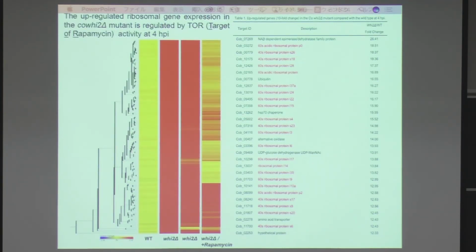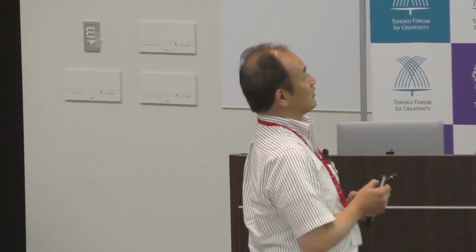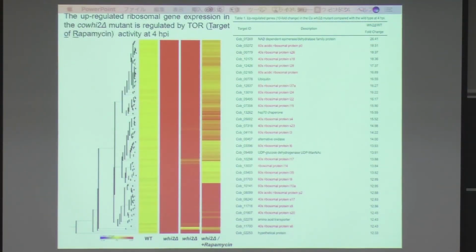So the next question is what genes are controlled by V2 function? To answer this question, we conducted DNA microarray analysis in the early infection stage. This data shows the heat map of the top 150 genes upregulated in V2 inoculation.